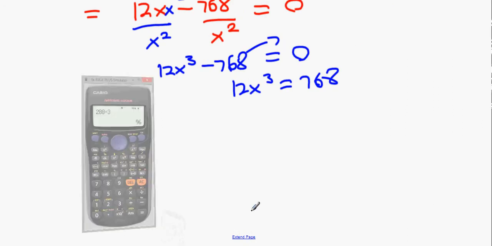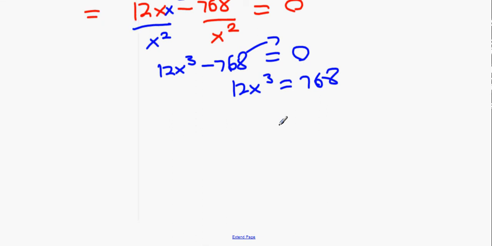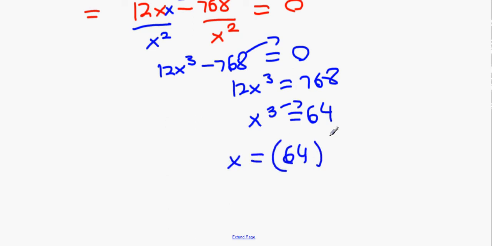Then I'm going to divide by 12, so 768 divided by 12, and we get 64. x cubed equals 64. Now there's two ways of doing this. When you bring the 3 over the other side, you can say 64 to the power of a third is one way of doing it, or the other way of doing it is the cube root of 64.